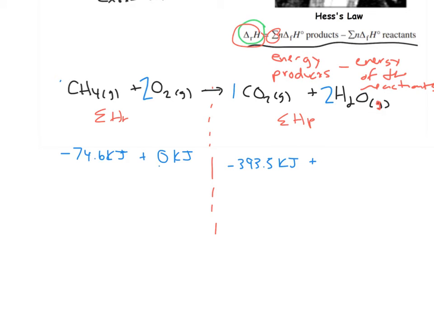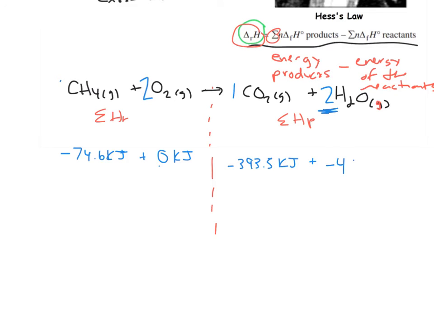And then I need to add that to my water vapor, which when I look at my chart, is negative 241.8, but there are 2 moles of that. So I need to take that negative 241.8 and double it. So because there's twice as many moles, I get twice as much energy.